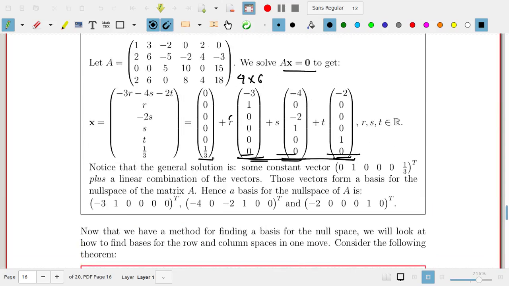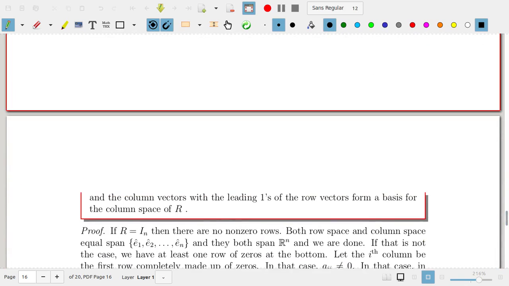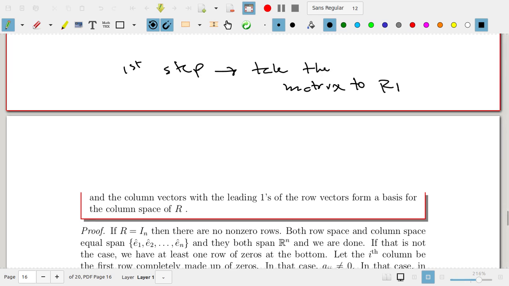The first step is to take the matrix to the RREF, the reduced row echelon form.